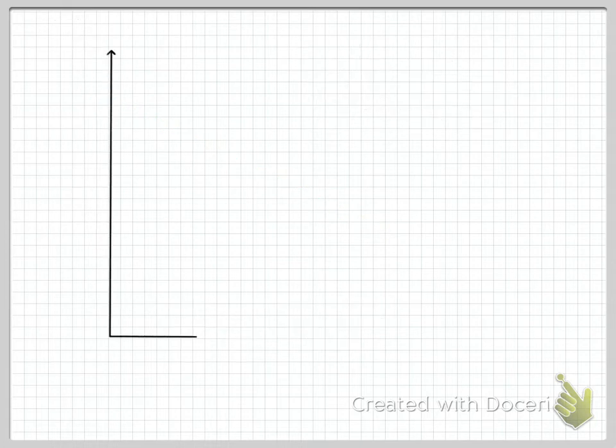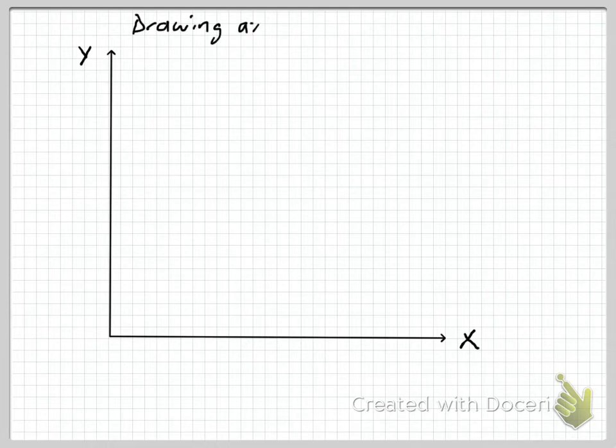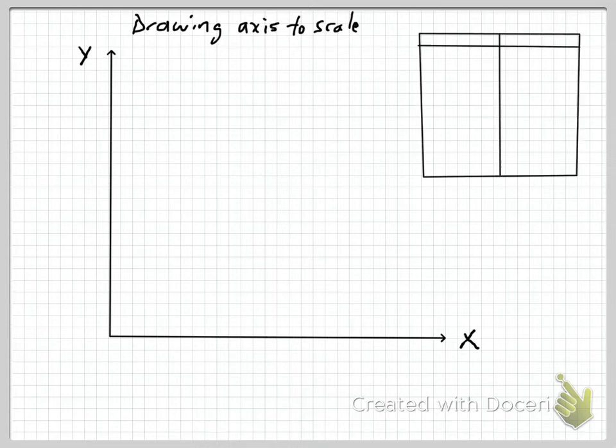Okay, and in this one, we're going to be talking about how to draw the axes to scale. Again, we got our y-axis, and we got our x-axis. I'm going to speed this up a little bit. Okay, and what we're going to do is we're going to draw a little data table on your right here. It's going to come up in a moment, and it should look familiar because it's what we did in the Pretzelase lab, right?